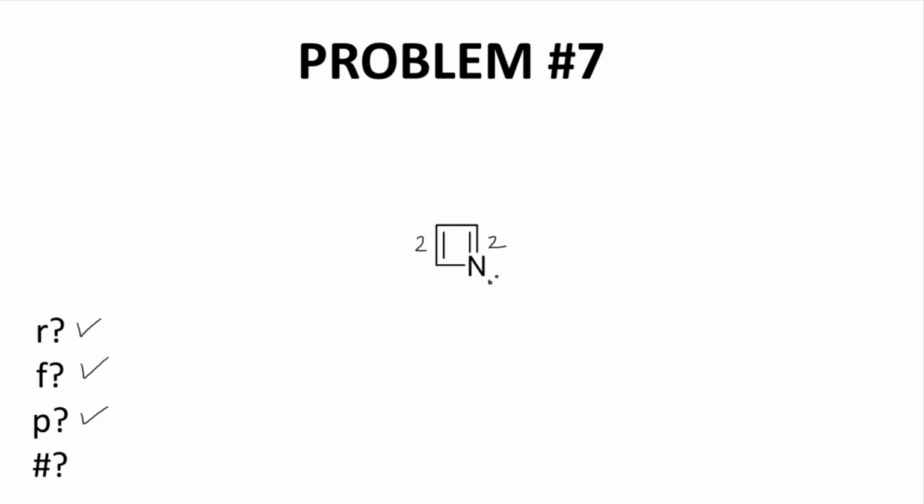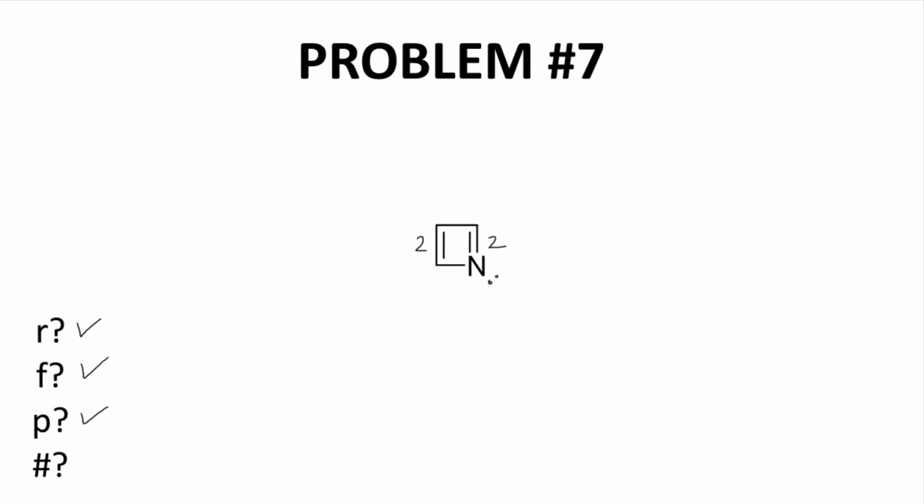And now what do we do with this lone pair? If we count it, we can make this aromatic. Problem is, we can't count it. This nitrogen has one p orbital that is lined up with the other p orbitals, and that p orbital is making a pi bond, and therefore that p orbital cannot hold that lone pair. That lone pair is in a hybrid orbital.